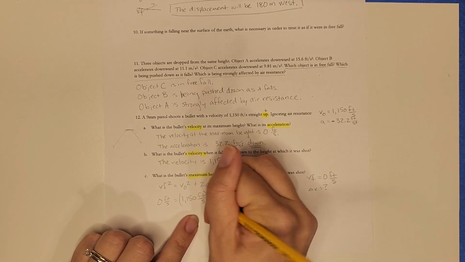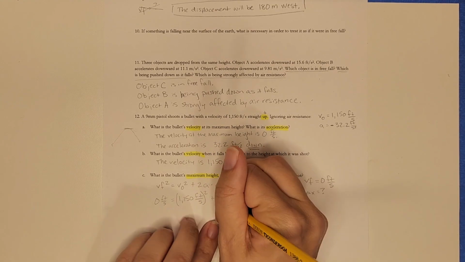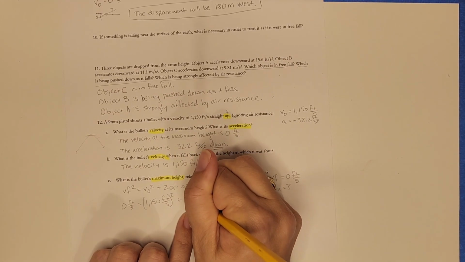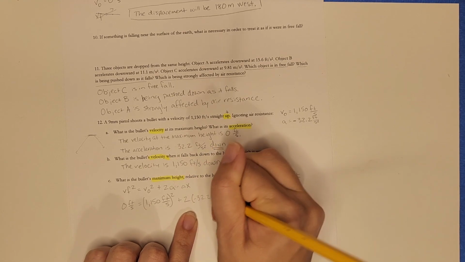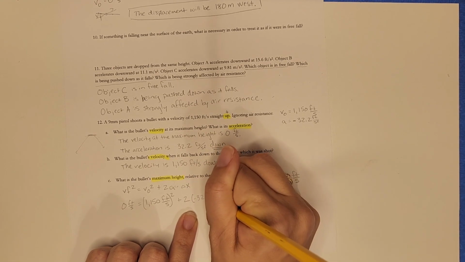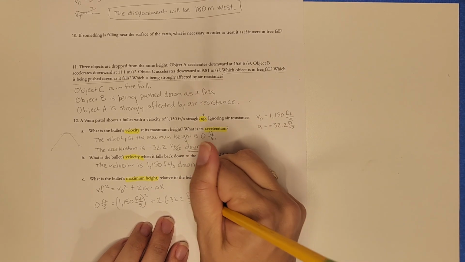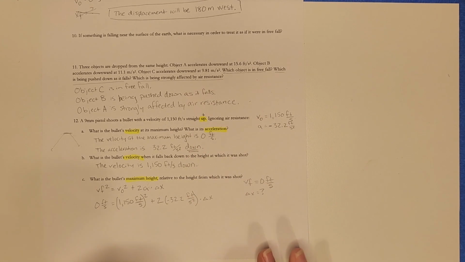All of this is squared, plus 2 times the acceleration, negative 32.2 feet per second squared, times delta x, our unknown here.